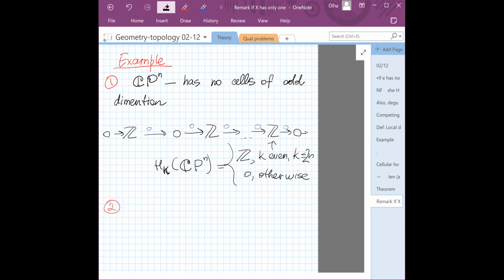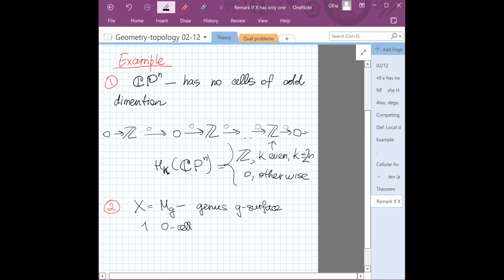Okay, the second example is going to be if X is equal to Mg, an orientable genus g surface. So what's happening is we have one 0 cell, 2g 1 cells, and then we have again one 2 cell.